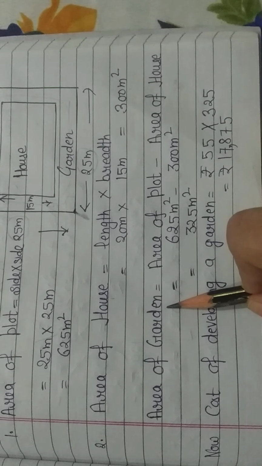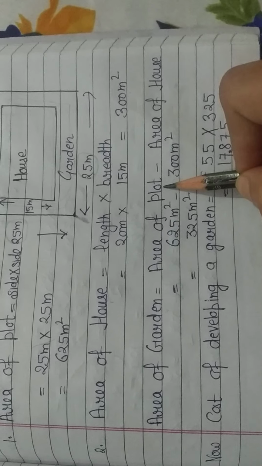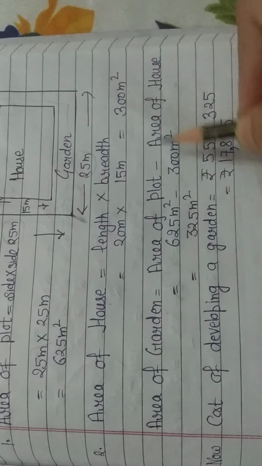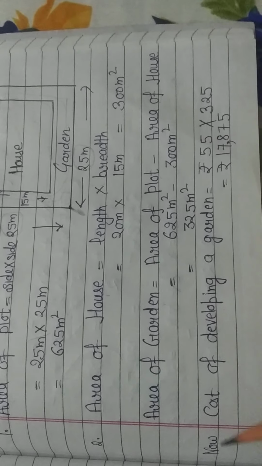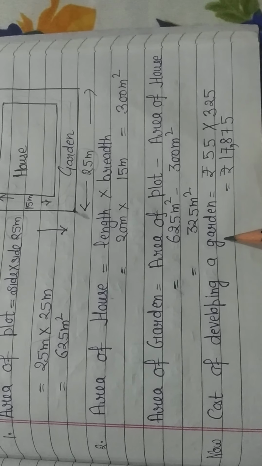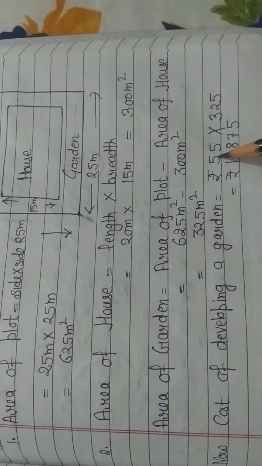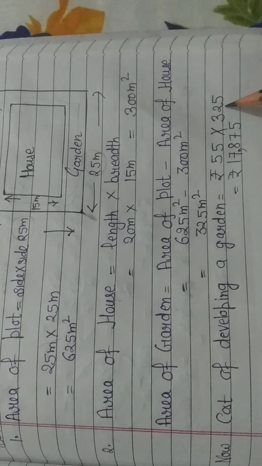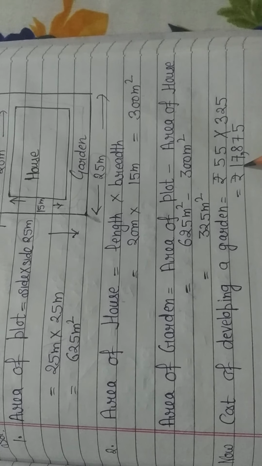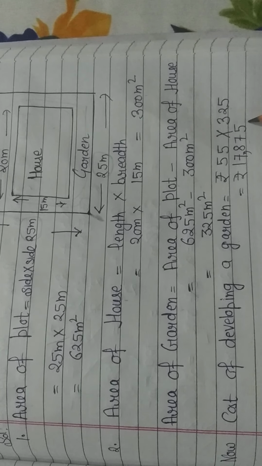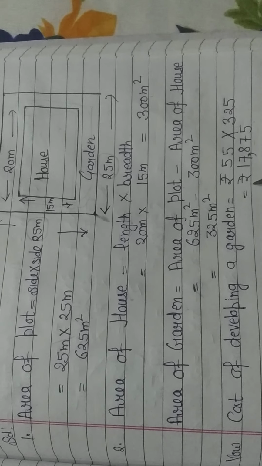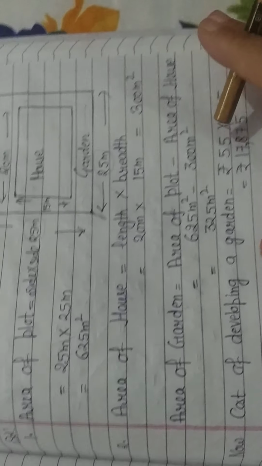Now area of the garden will be equal to area of the plot minus area of the house. It is coming 325 meter square. Now the cost of developing the garden will be equal to rupees 55 multiplied by 325. That is coming 17,875. It is the cost of developing the garden.